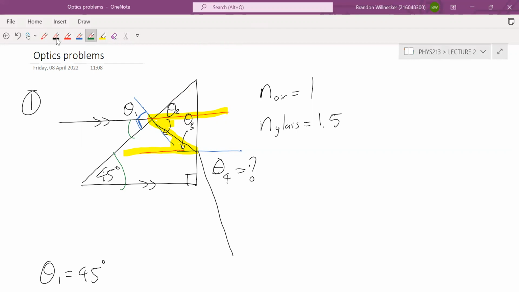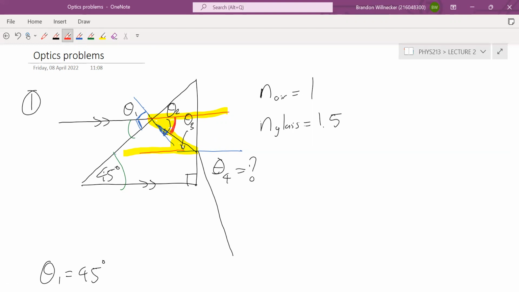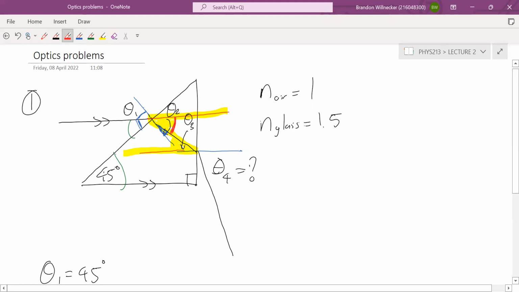So what is this inside angle? Let's put that in blue. So this part here in blue, how do we find that? Well, we know that this total angle here, this angle here, we know that that angle over there is going to be 45, because theta 1 is 45.